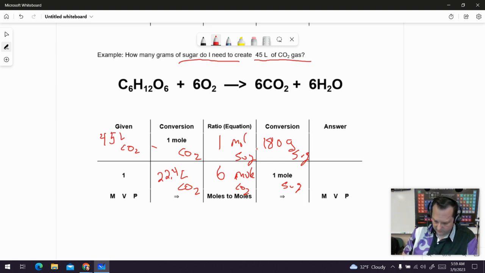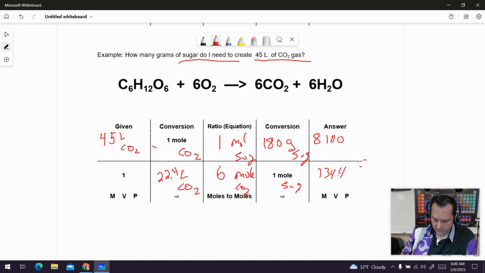45 times 1 times 1 times 180 is equal to 8,100. On the bottom, 22.4. So we got 1 times 22.4 times 6 times 1 is going to be equal to 134.4.